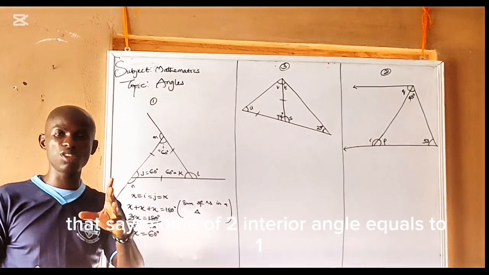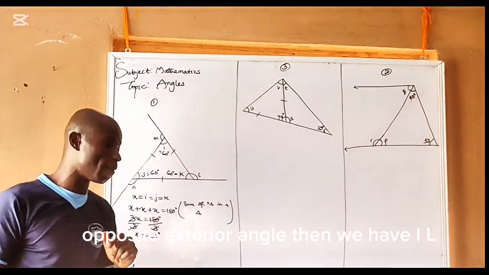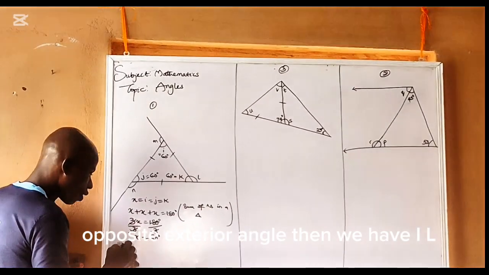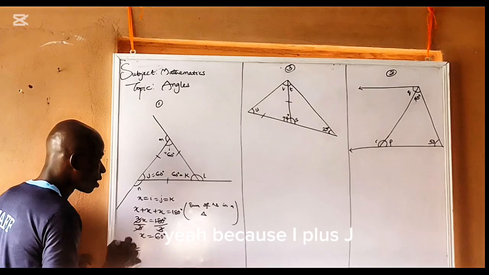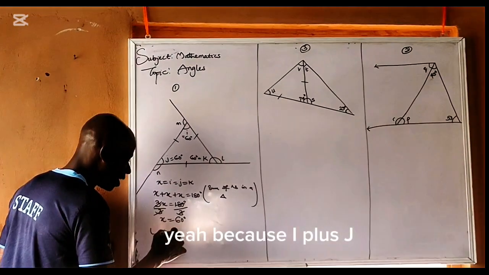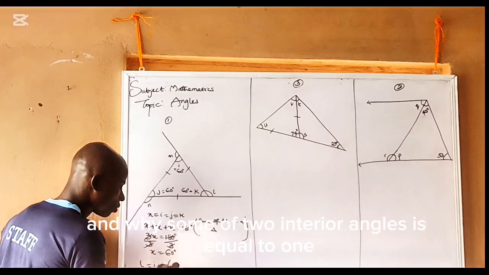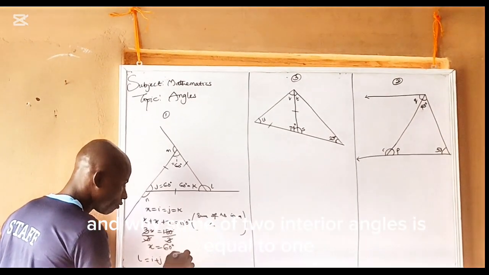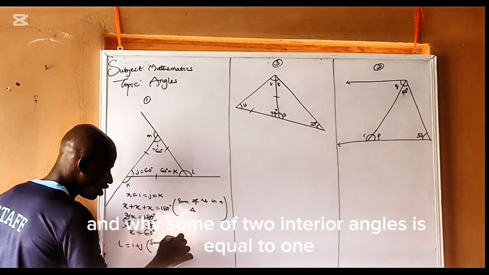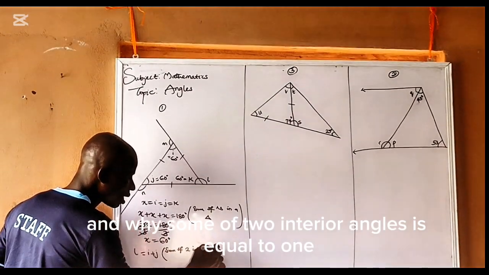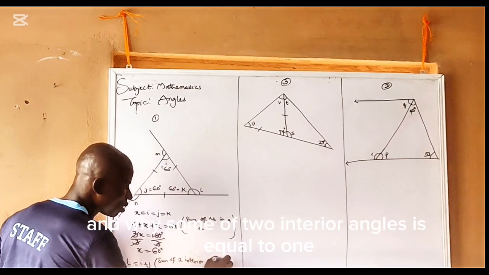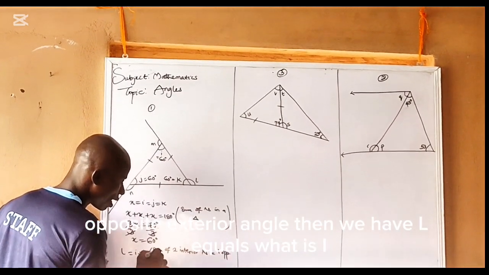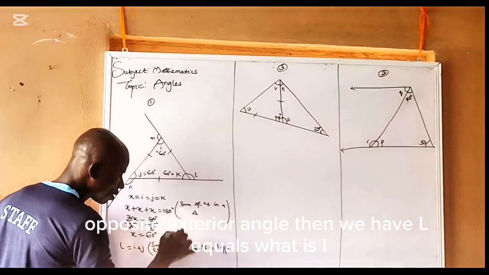To find L, L equals I plus J, because the sum of two interior angles is equal to the one opposite exterior angle.